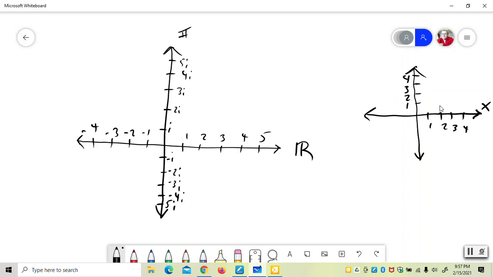If I had a point, the point has 2 coordinates, an ordered pair. You know this already. You do the X coordinate first. It's 3 units out, 2 units up. So the X coordinate is first, followed by the Y. So the coordinates are 3, 2.